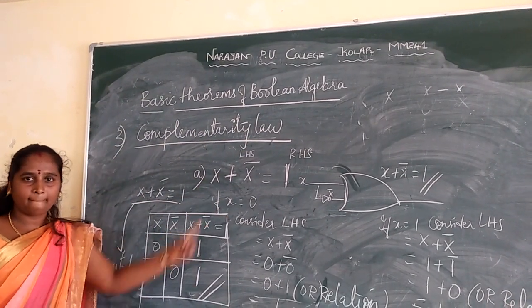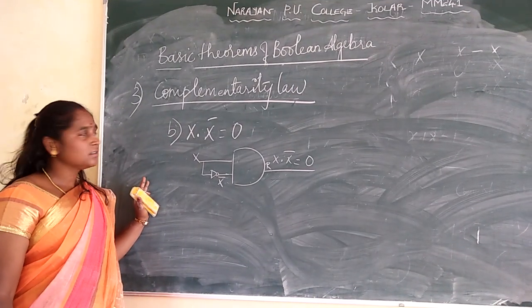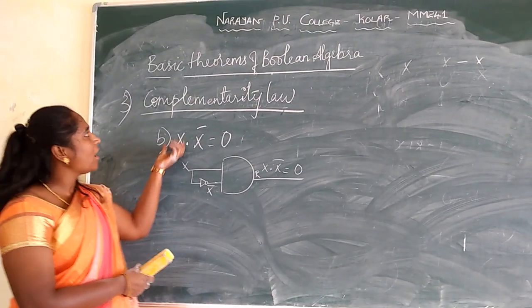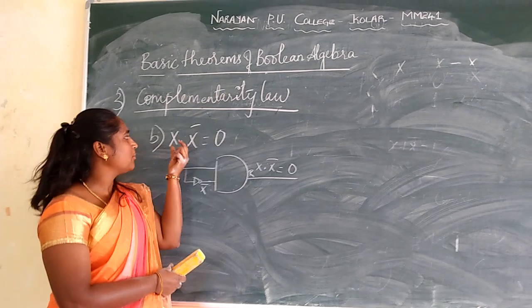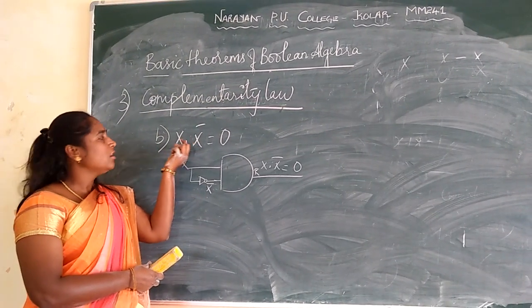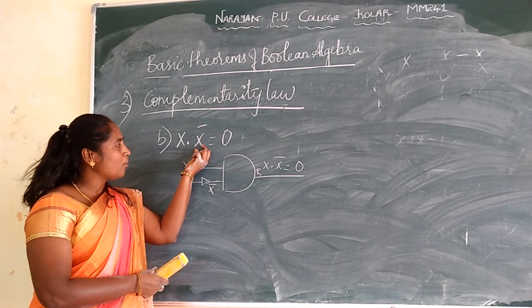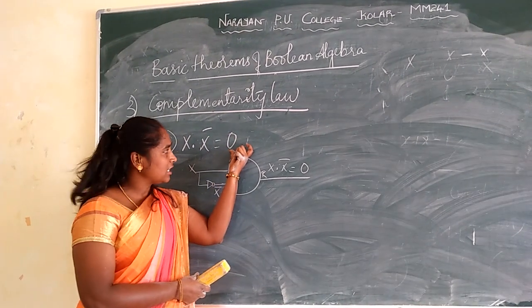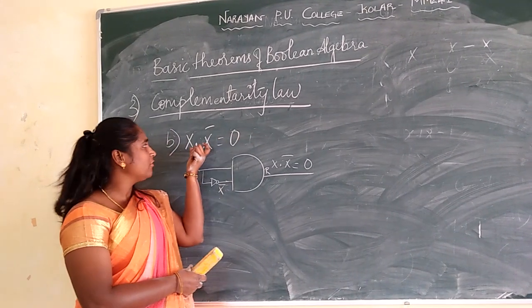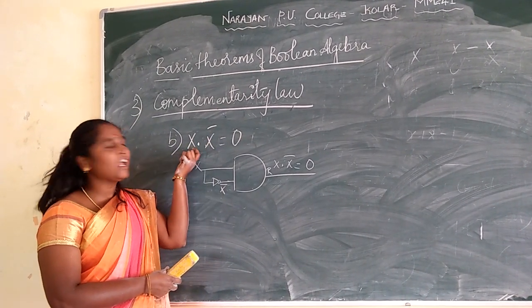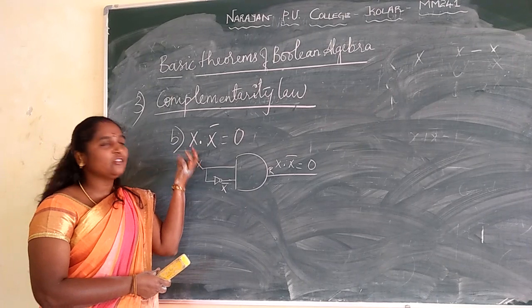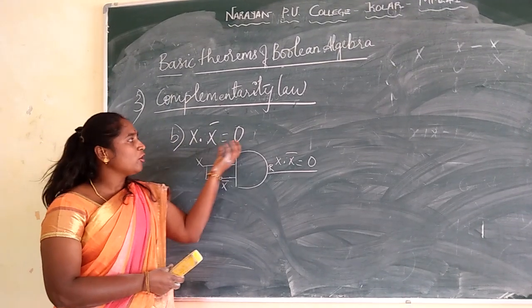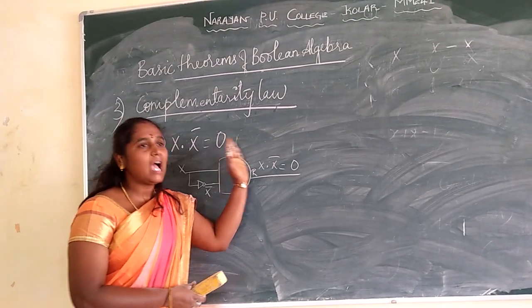Second one: the second law under the complementarity law uses an AND operation. We are taking a variable and its complement, and the result produced is always 0. We are going to prove, by substituting the values of x, that is 0 and 1, that LHS equals RHS.